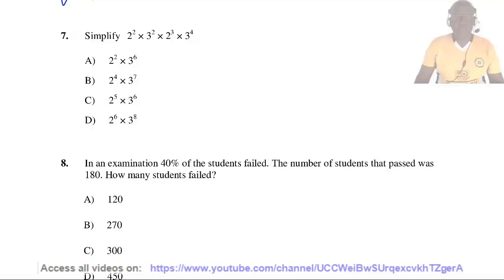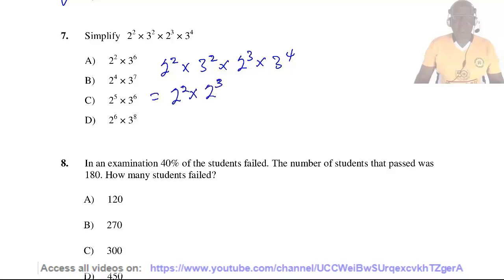Question 7. Simplify 2 squared times 3 squared times 2 raised to the power 3 times 3 raised to the power 4. This is equivalent to 2 squared times 2 cubed times 3 squared times 3 raised to the power 4.